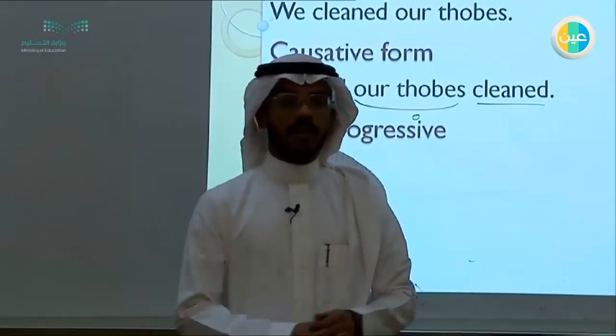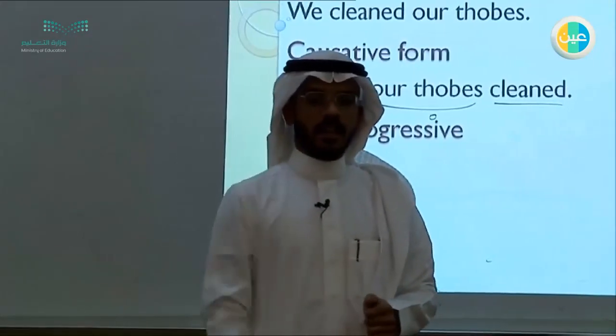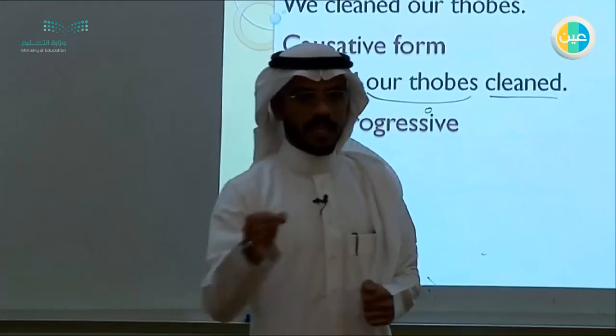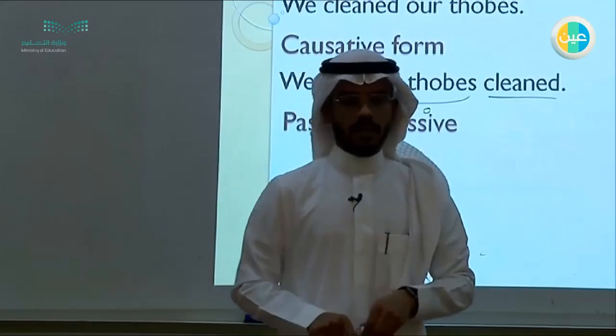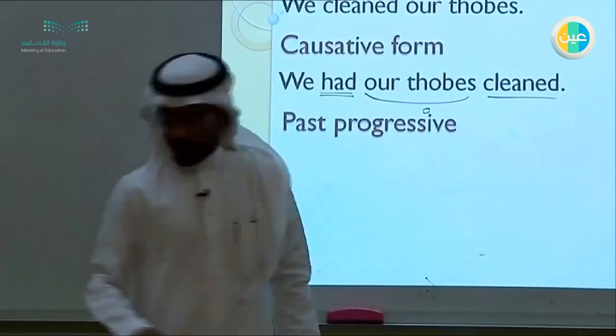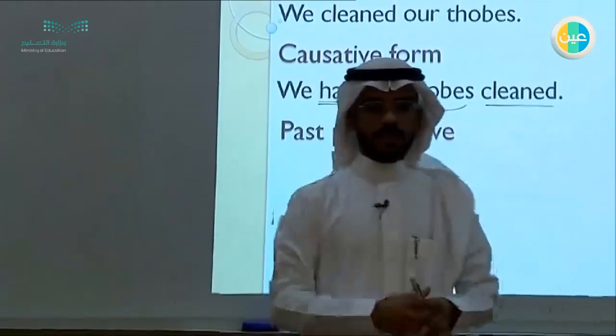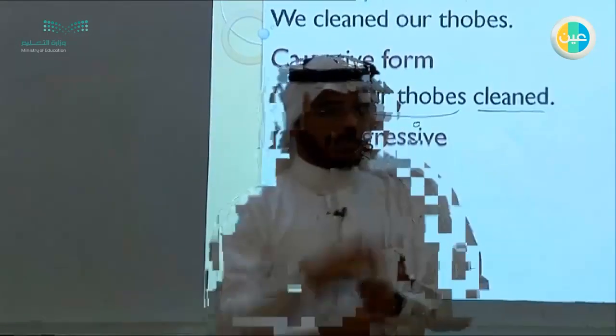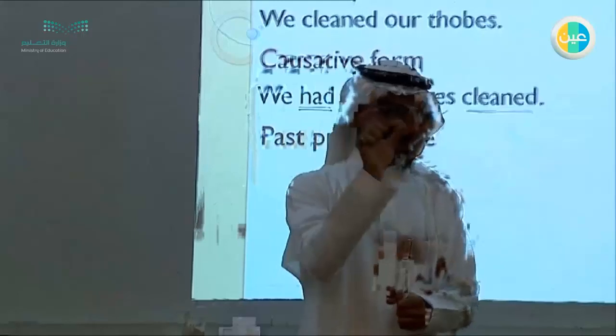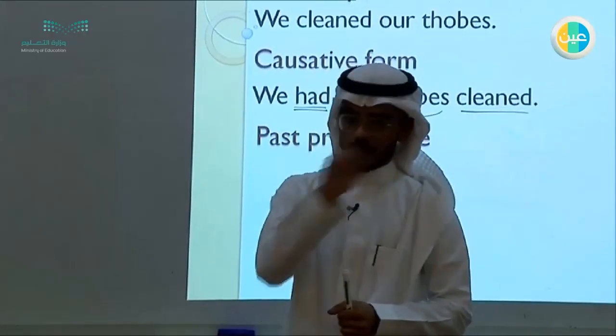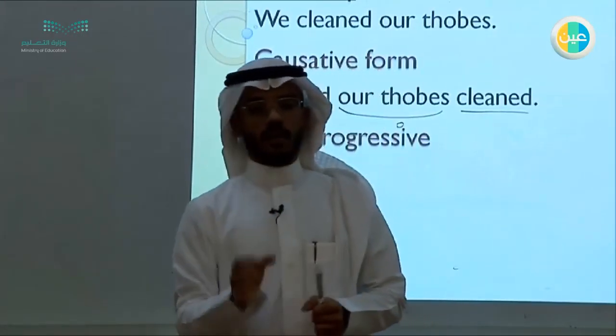We cleaned our thobes at 7 p.m. yesterday. حددت الوقت متى حدث. Okay, past progressive وشكل الفعل طبعا نفس ال present progressive, ing. But don't forget, الماضي في am, is or are: no, in the past we use was or were.